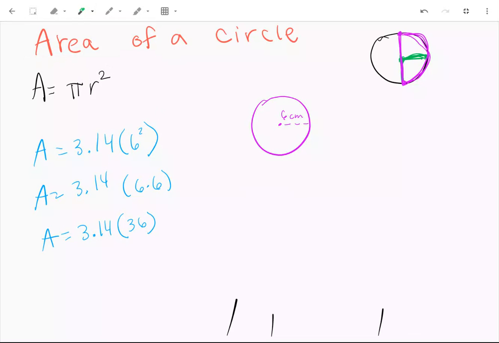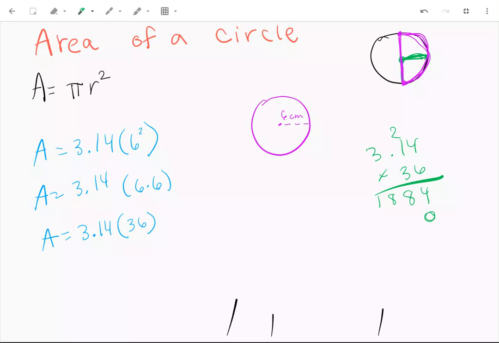We have 3.14 times 36. Okay, well, we know that 6 times 4 is 24. 6 times 1 is 6, plus 2 is 8. 6 times 3 is 18. And then I need to put my placeholder.